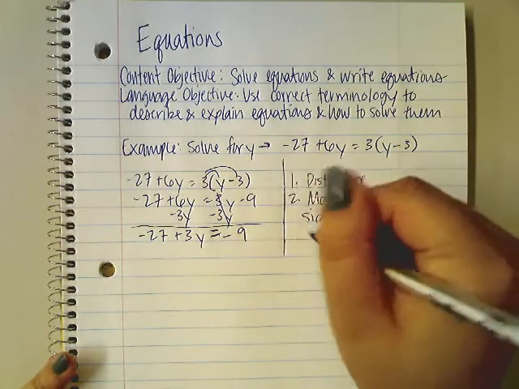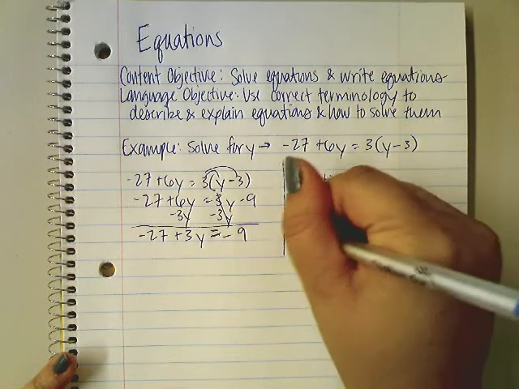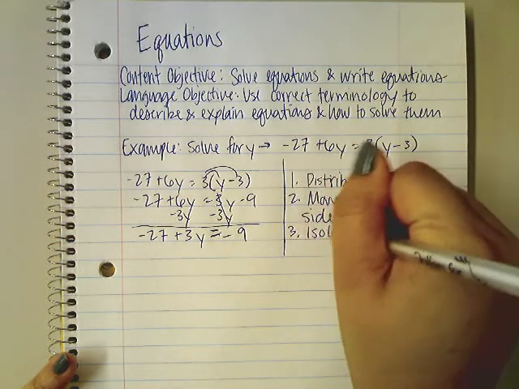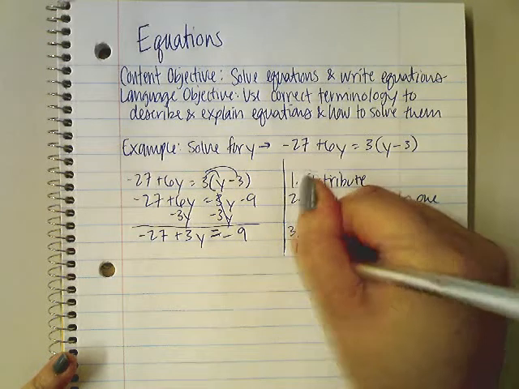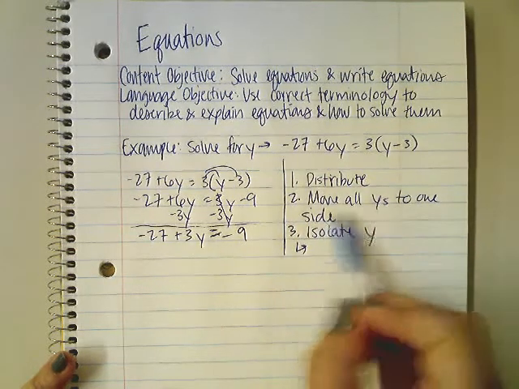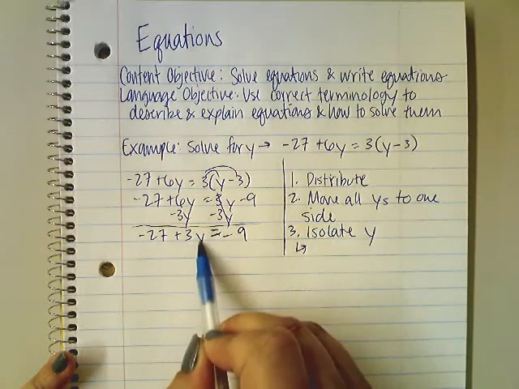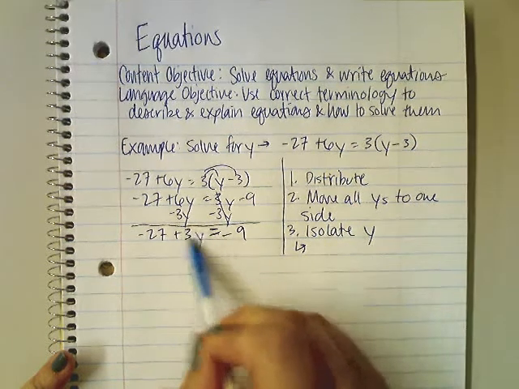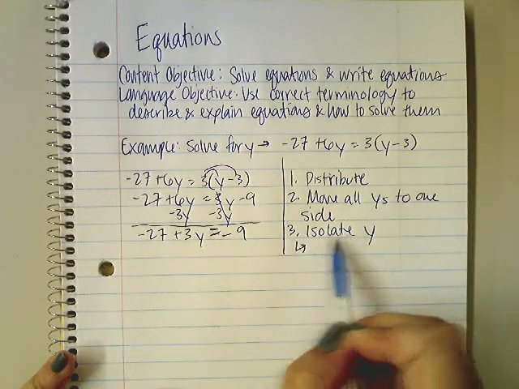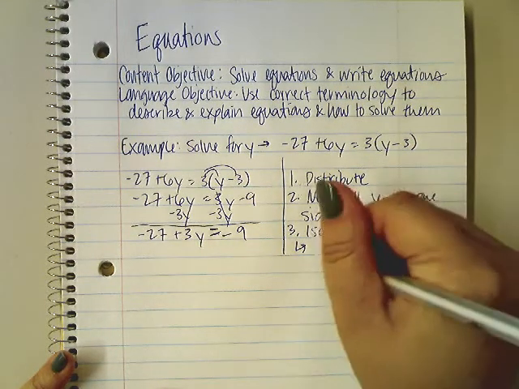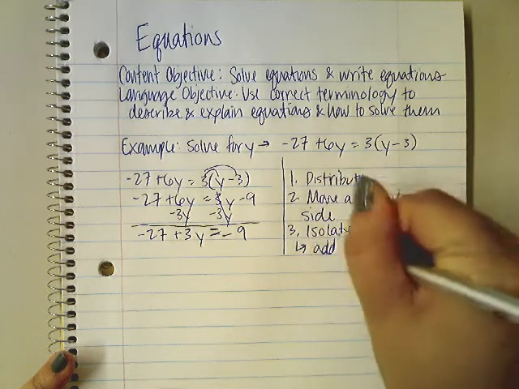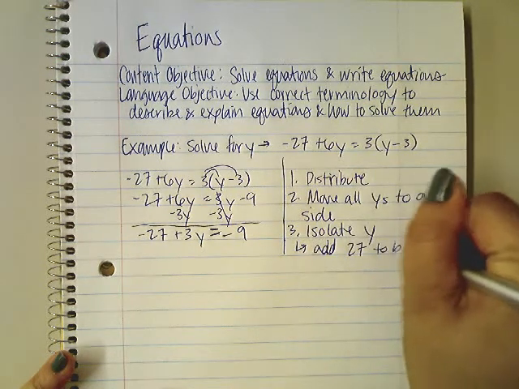I'm going to isolate y. So now that I've gotten all the y's on one side, so my only y values are right here, I'm going to isolate y, which is then going to require that I add 27 to both sides.